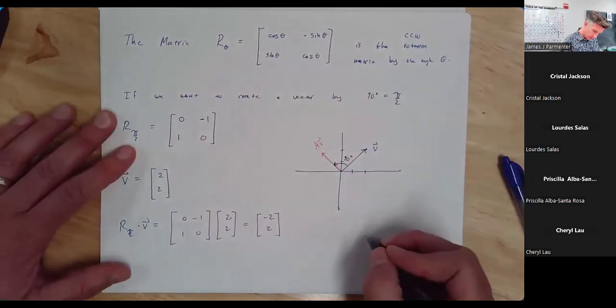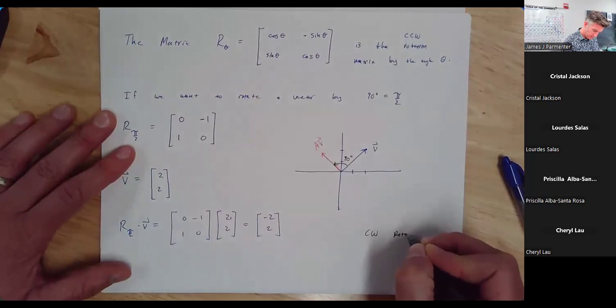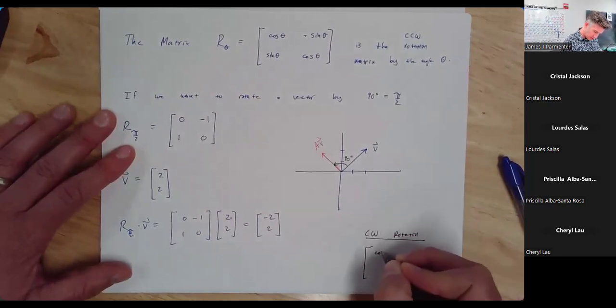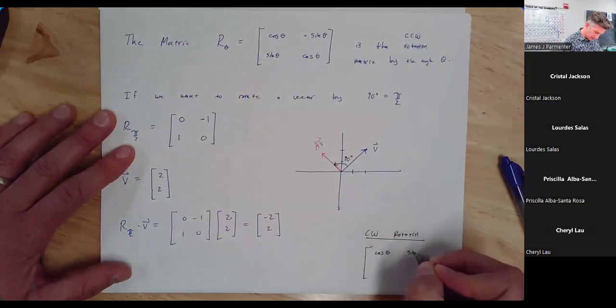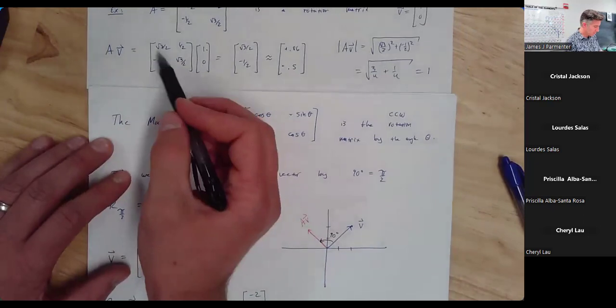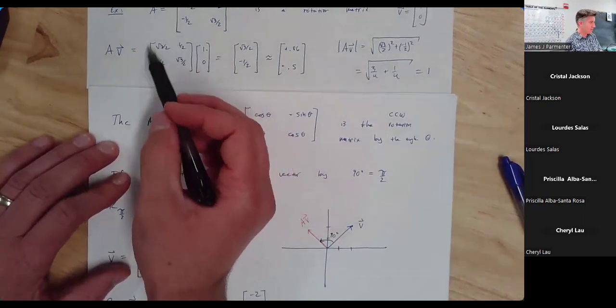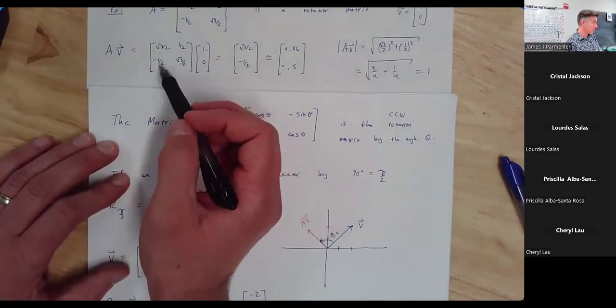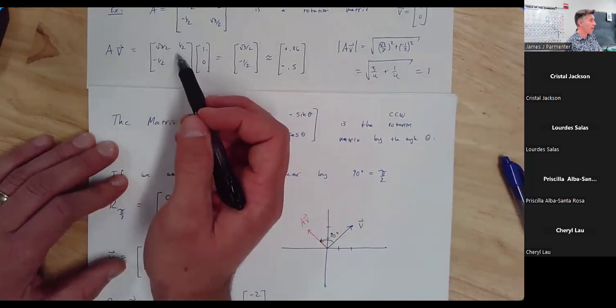So the clockwise rotation is cosine theta, positive sine theta, negative sine theta, cosine theta, which is actually the matrix I did in the previous example. This matrix here was the rotation by pi/6 radians, or 30 degrees in the clockwise direction.